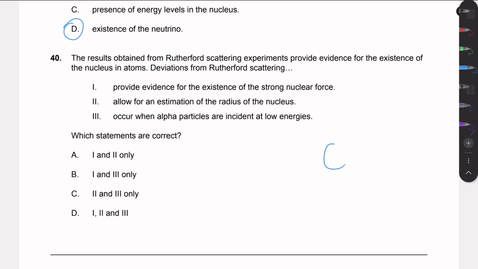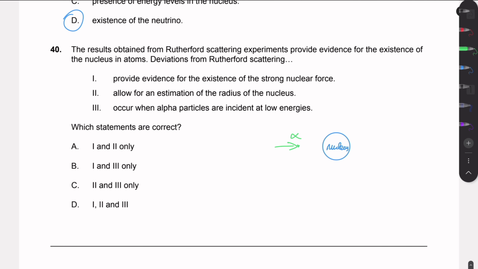There are deviations because when this is the nucleus, and we shoot alpha particles at it, they usually would just pass right next to it or pass through with small deflections, as only the electromagnetic force is being used here. So it's small deflections, but at very specific energies and at very specific places, there are very large deflection angles.